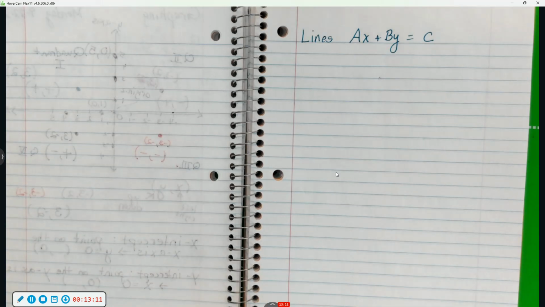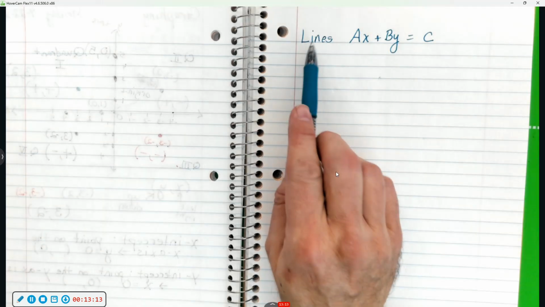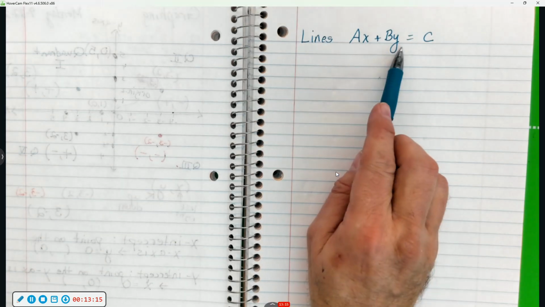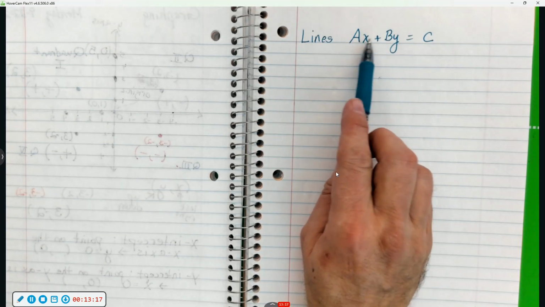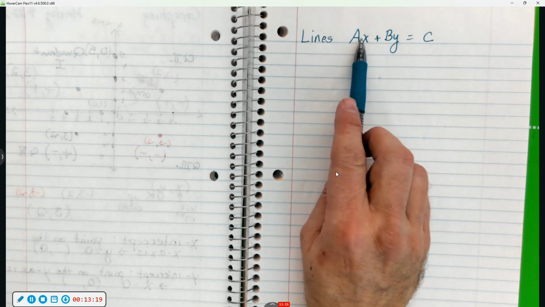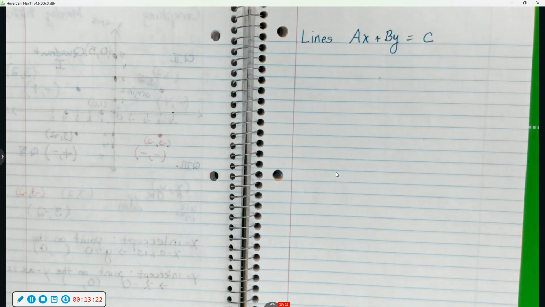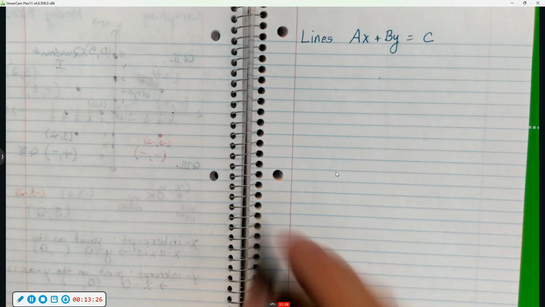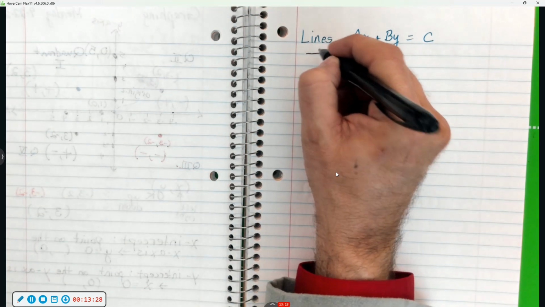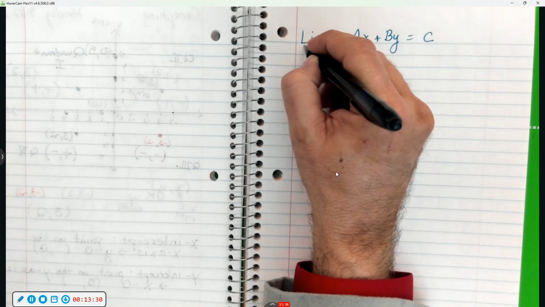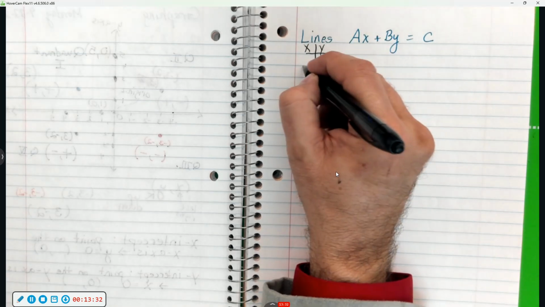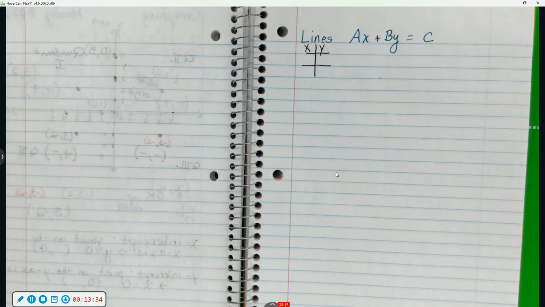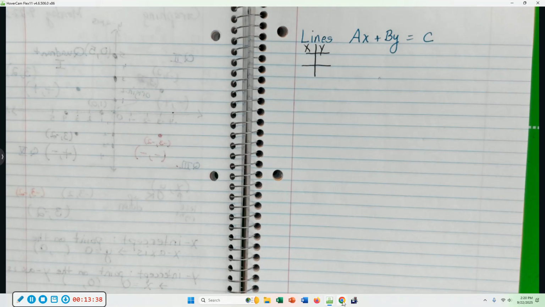The significant thing about a line, there's no exponents. If you don't have any exponents on x or y, then that's just a line. And the way we'll graph them is just by making a little XY table and plotting 2 points.